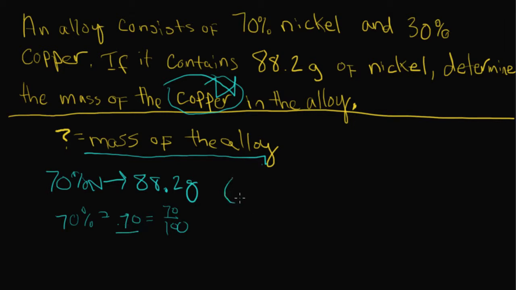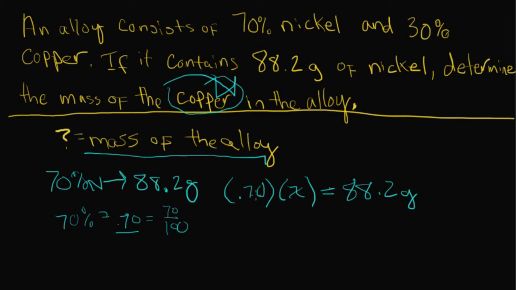But the idea is 0.70 of some mass of this alloy. We don't know what that is, but 70% of that is 88.2 grams. Now let me slow down here. 70% of this alloy is nickel and it has a mass of 88.2 grams.